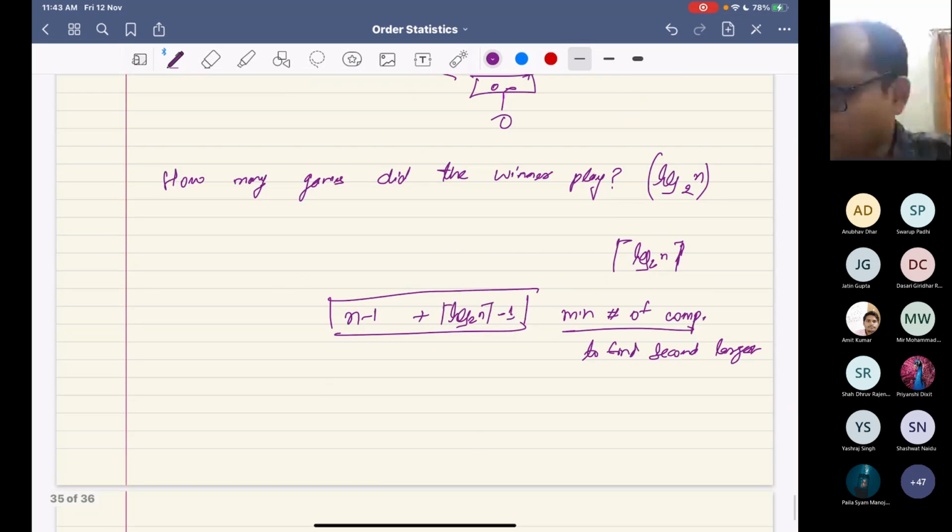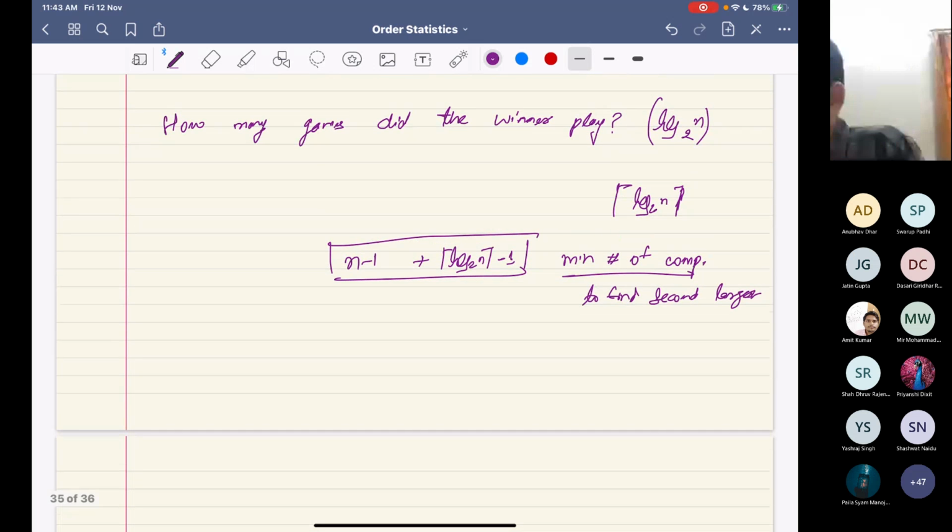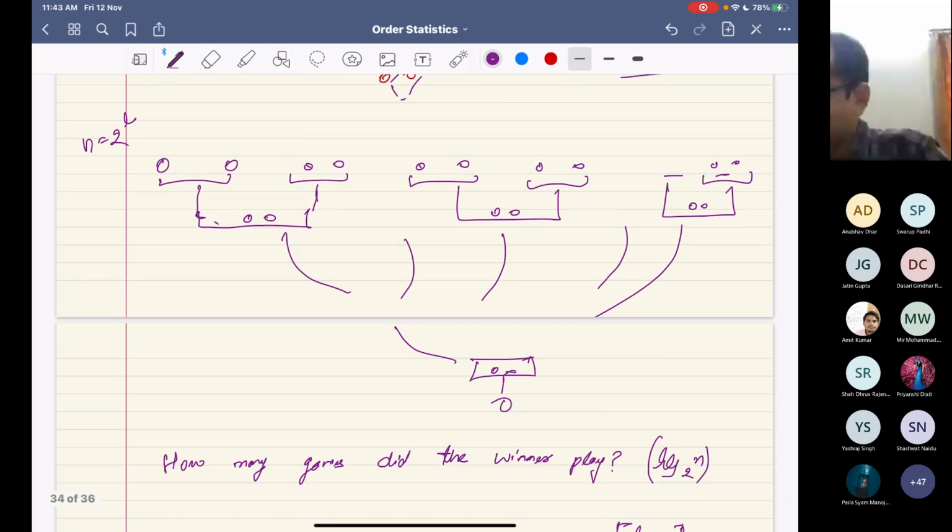Okay, any confusion here? Sir, can't we find the first winner also like this, in less than n-1? Tell me how. Sir, we will compare the adjacent ones. How many comparisons do you need?